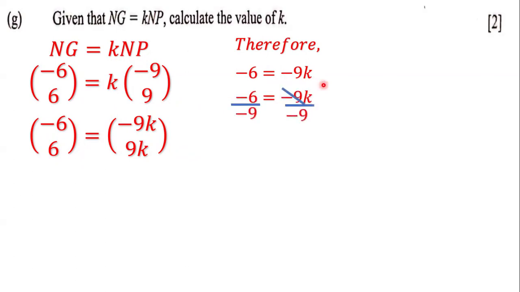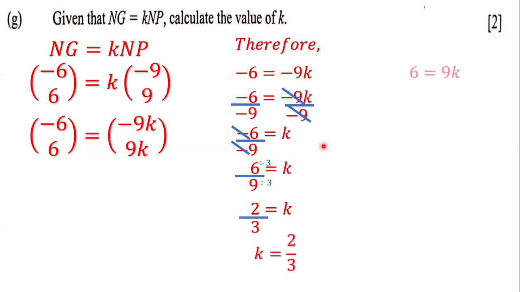We cancel the -9 with the -9, so k is equal to -6 divided by -9, and I just cancel out the negatives. So k is equal to 6 over 9, and if we divide top and bottom by 3, k is equal to 2 over 3. That's the value of k.